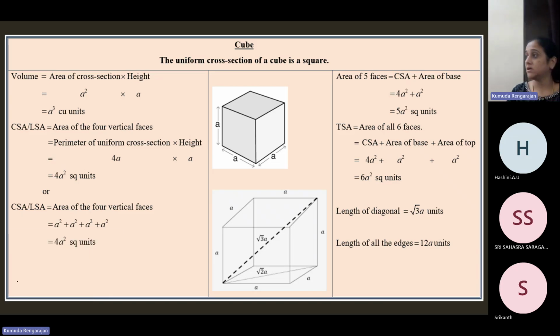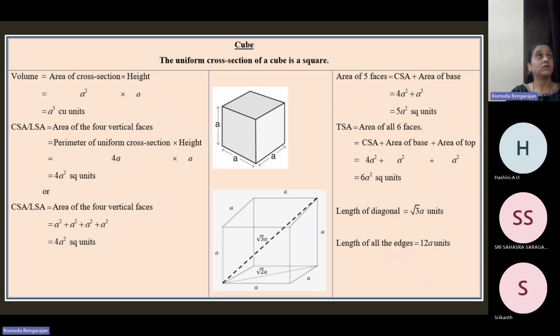And something more is the length of the diagonal and length of all the edges of a cube. The length of the diagonal of a cube, which is also the length of the longest rod that can be placed in a cubical room. It's the line segment that connects one top corner to the opposite bottom corner.